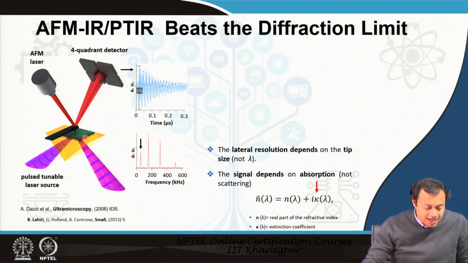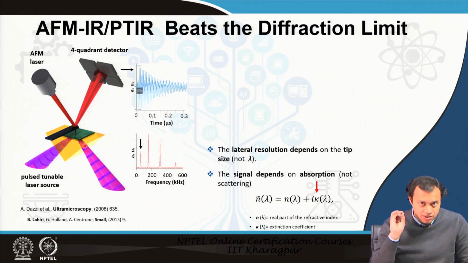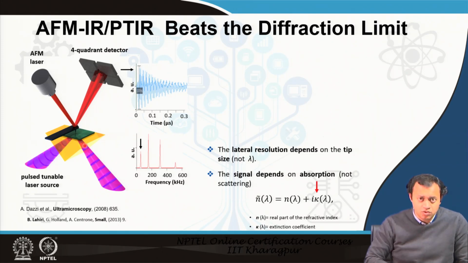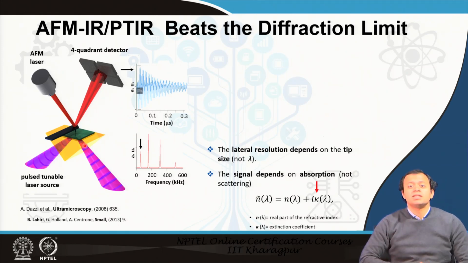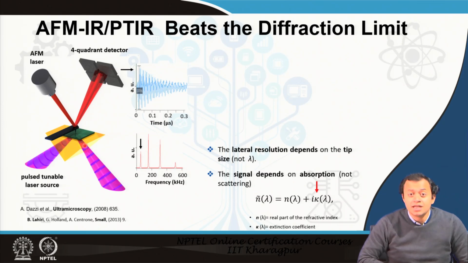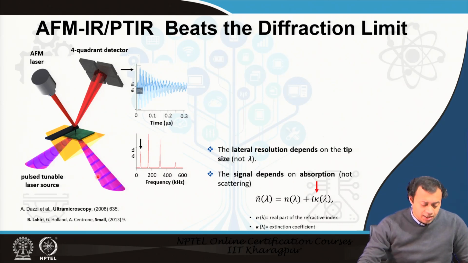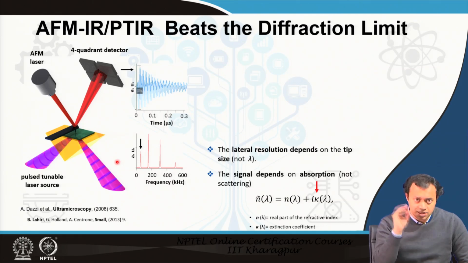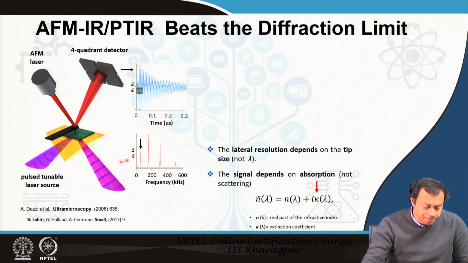While I am scanning my sample in the xy direction by this cantilever, I am sending a pulse laser source. Pulse laser source, not a continuous laser source, pulses. By this time you know what lasers are. There is a gap between each pulse, like this. Each pulse comes with a particular interval.